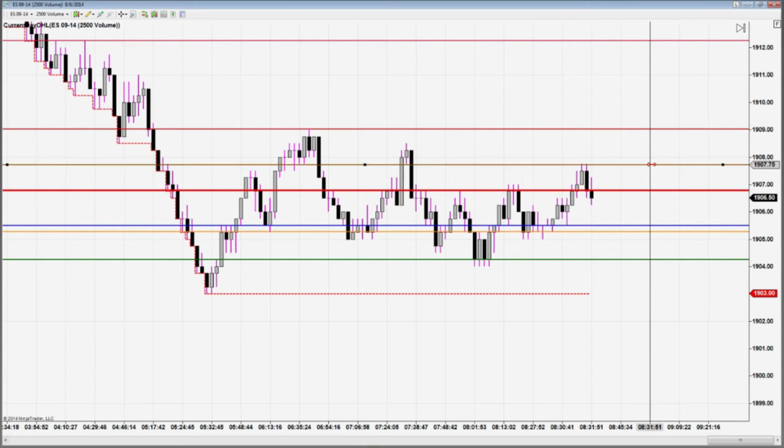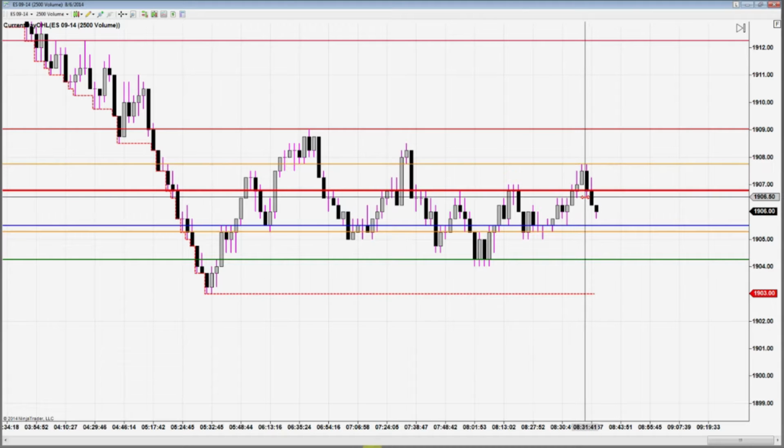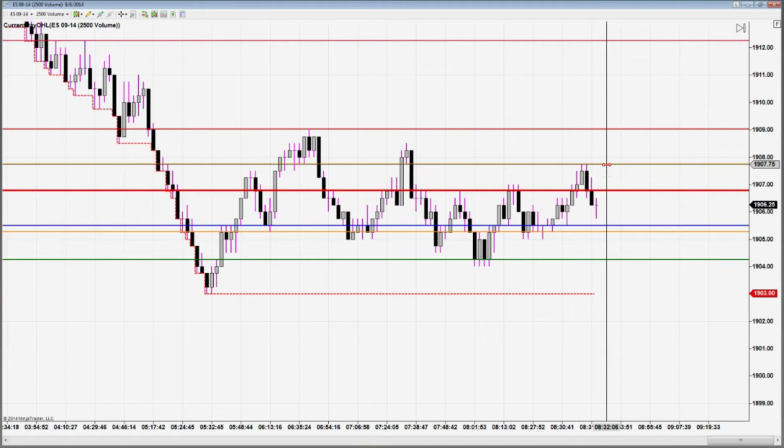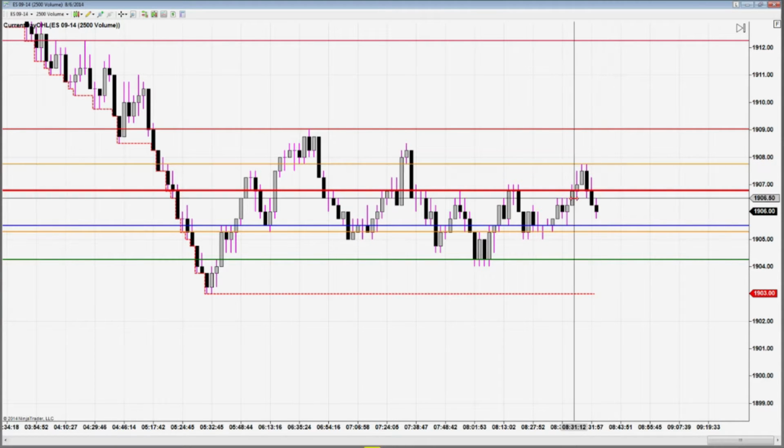All right, so that is my opening swing high at 1907.75. So first push, we've kind of moved back down below that this bar.